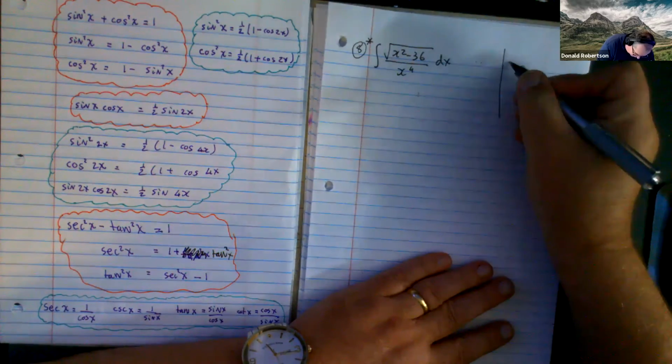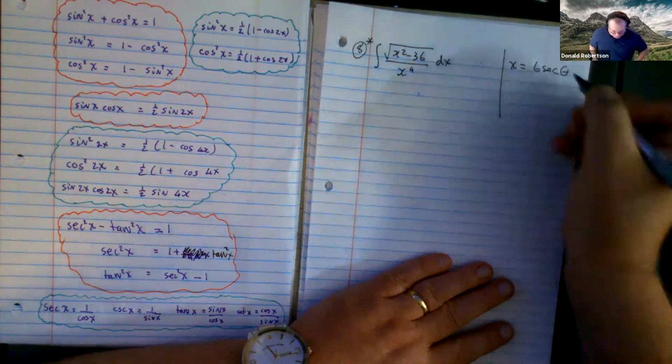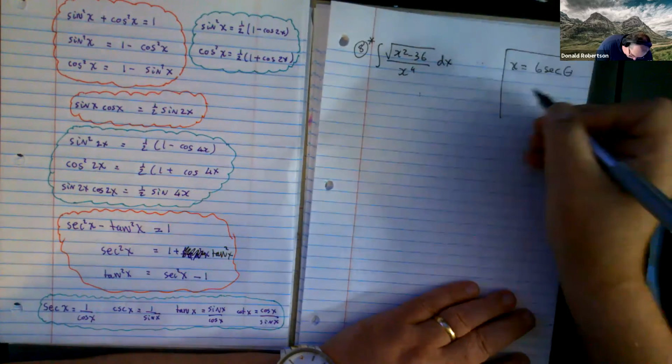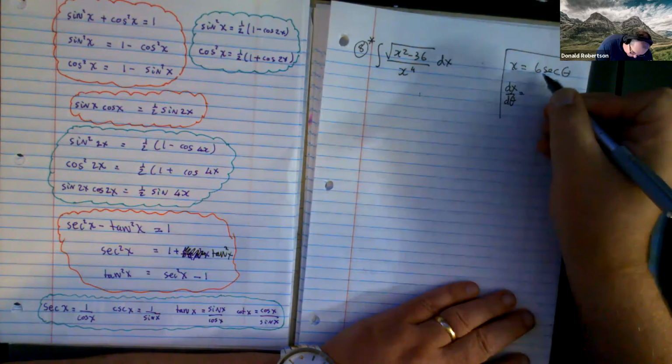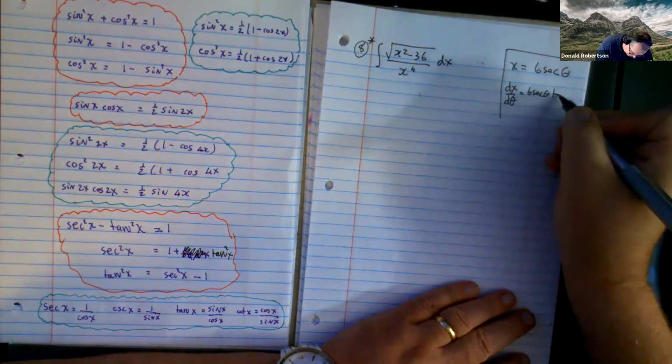And the x sub was 6 secant theta. So differentiate x with respect to theta. If you differentiate 6 secant, you get 6 secant tan.